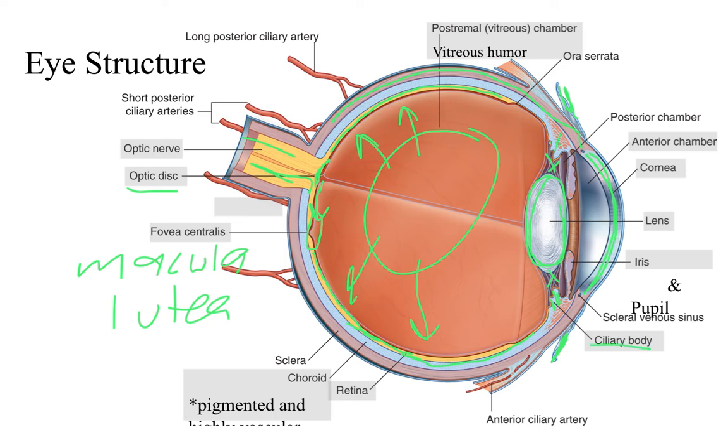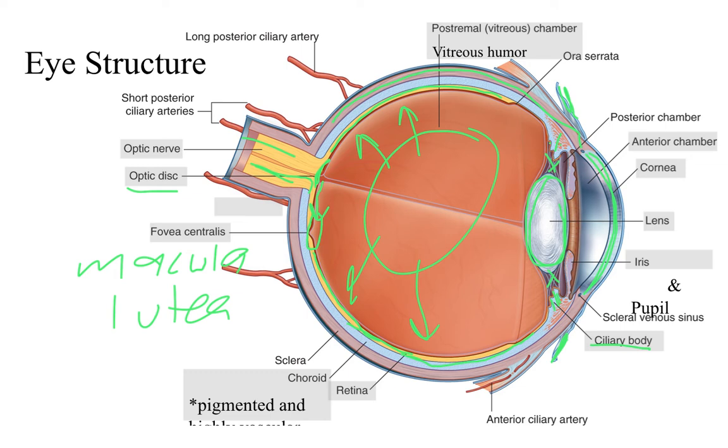The ciliary body has muscles in it, and these would be truly one of the intrinsic muscles of the eye that pull on these suspensory ligaments and help to adjust the lens so that light coming through can be focused appropriately on the back of the retina.